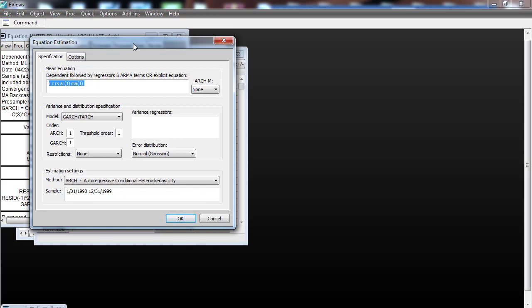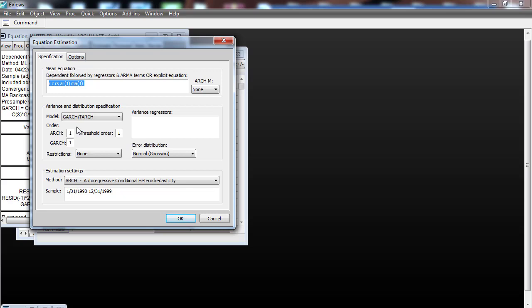Now we leave this one as it is. We are not going to change any, because this is the formula we used even in the previous models.